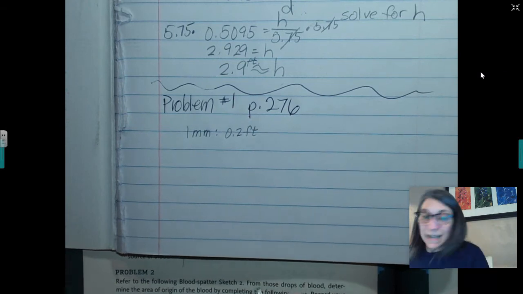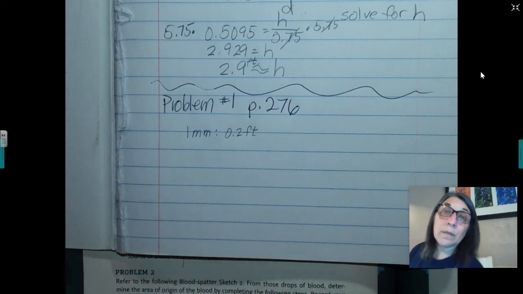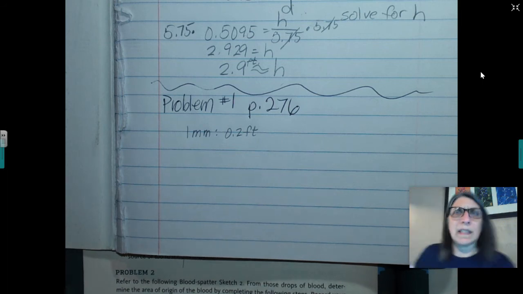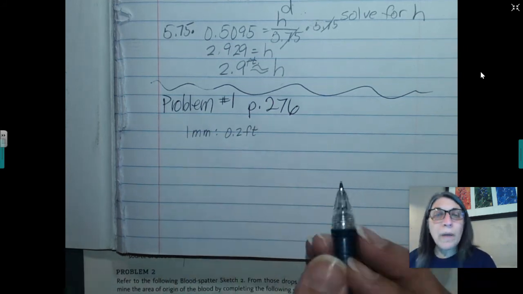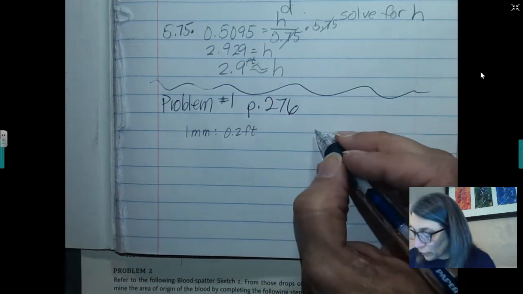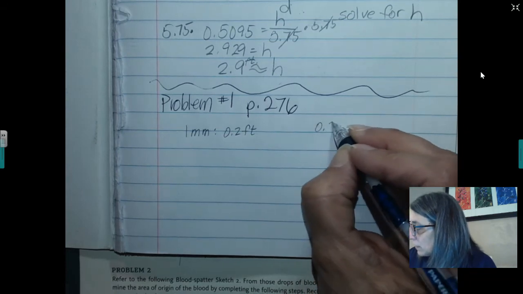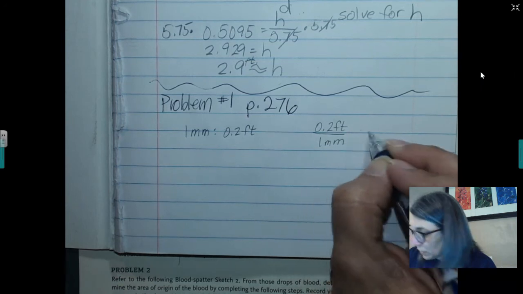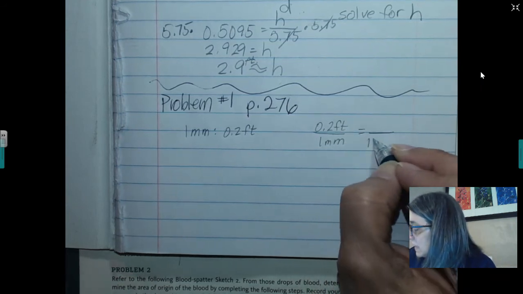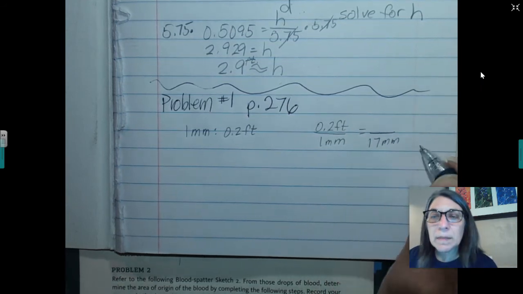So when I teach this in class with my littles, which they think they're big because they're 6th graders, there's a couple different ways to do it. However you like to do it. I like to first set up a ratio. 0.2 feet is to 1 millimeter as 17 millimeters is to x. Where'd I get 17 millimeters from?